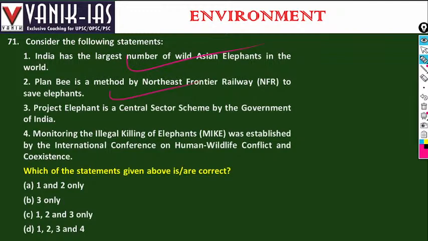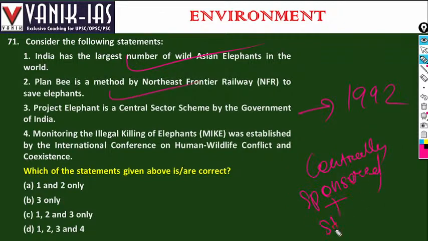That is a centrally sponsored scheme, launched in 1992, right? Centrally sponsored scheme means both the central government and the state government have launched it.